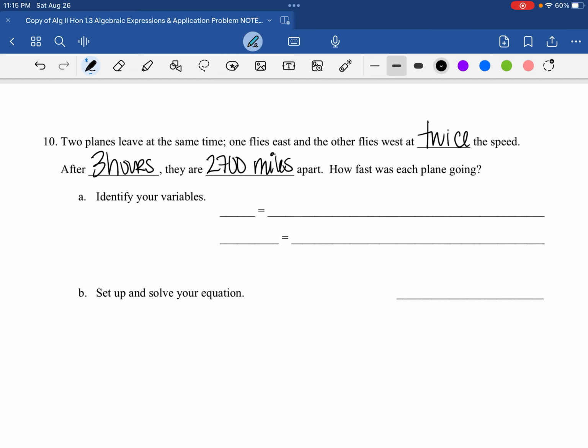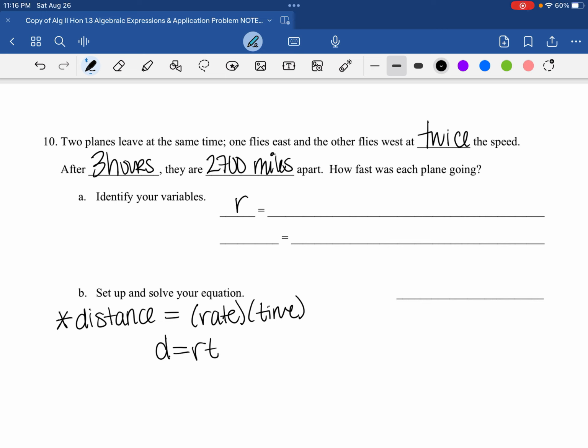We have an eastbound plane and a westbound plane. Let's first talk about how we find distance. So distance is found by multiplying your rate to the time it took you to travel. Or in other words, D equals RT. So we're trying to find the rate. We know how much time they spent, and we know how far they went. We need to figure out the rate at which they went.